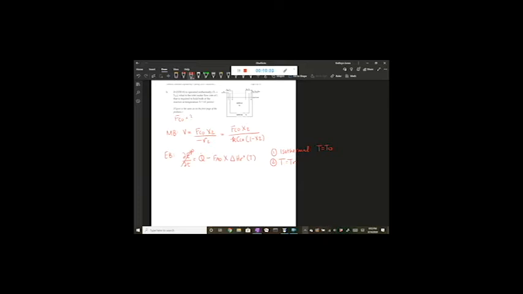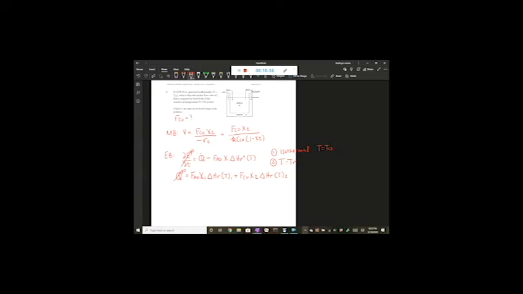So instead of using this, we're going to say that Q is going to be equal to FA naught X1 delta HR of T1 plus FC naught X2 delta HR of T2. And of course, we defined earlier that if we are looking at this entire system, it is adiabatic, so Q will be 0.